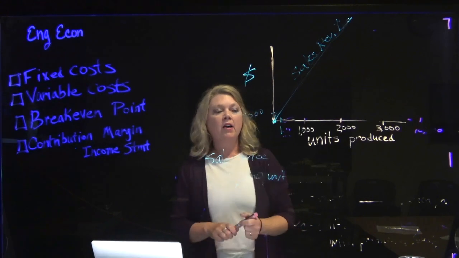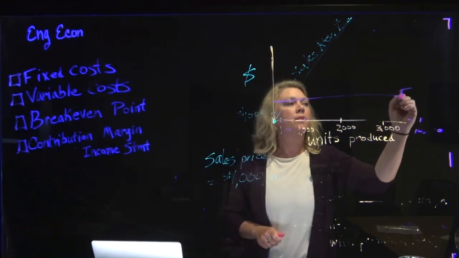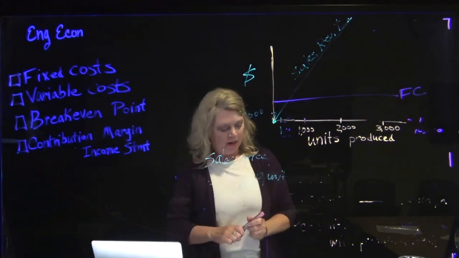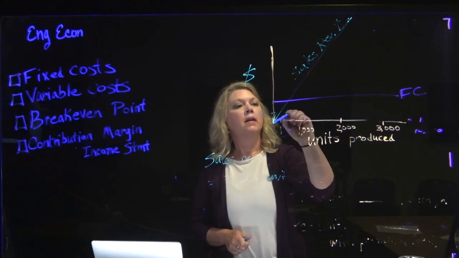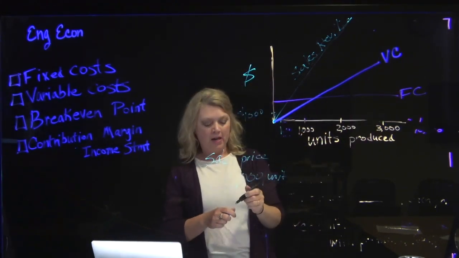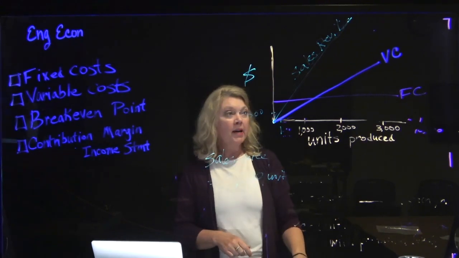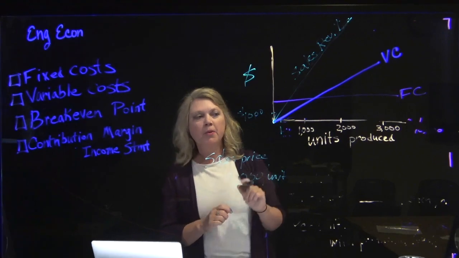Let's draw again our cost lines. We had fixed costs going across like that, and variable costs going at a slope about like that. Then we can combine our two cost lines into a total cost line. That's important to put on the graph.